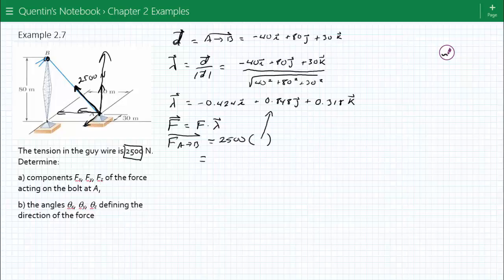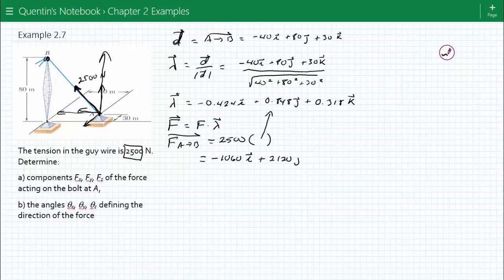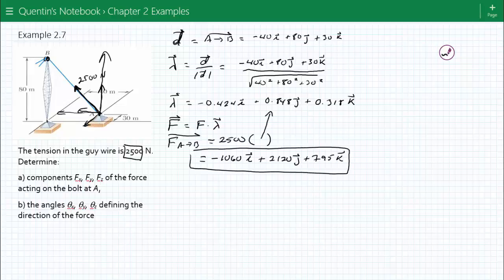So that works out to be minus 1060 in the i direction, plus 2120 in the j direction, plus 795 in the k direction. And that is the type of answer that I would expect right there.